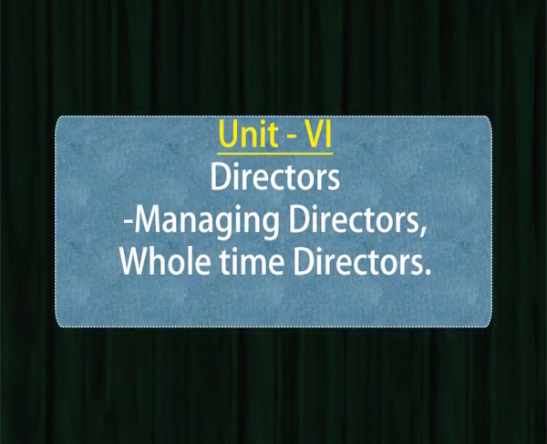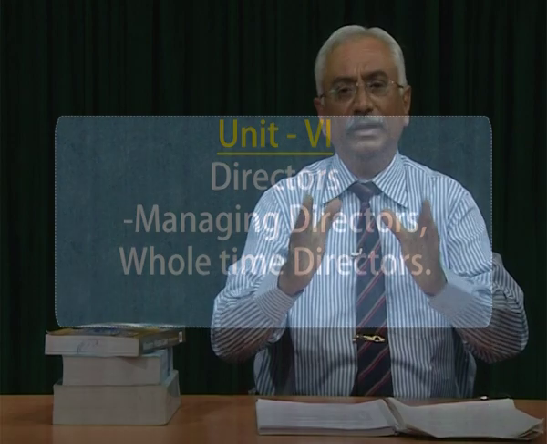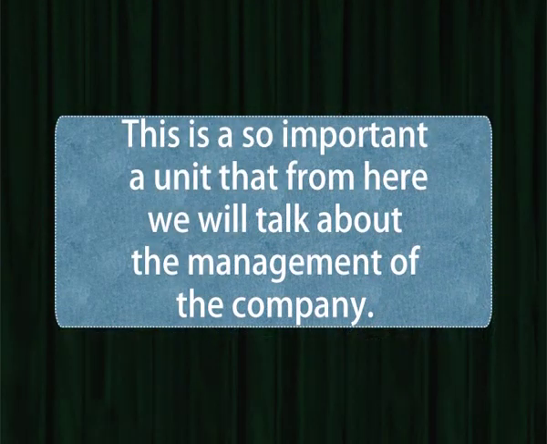So, when we talk about unit number 6, which is related with the directors and the managing director and the whole time director, then we will focus on the rights and the duties and the powers attached with the directors. This is such an important unit that from here we will talk about the management of the company.